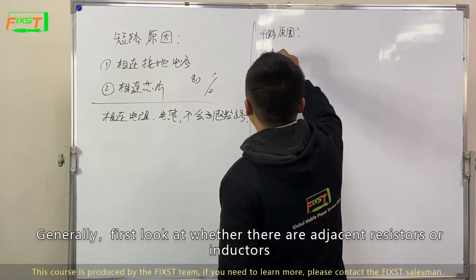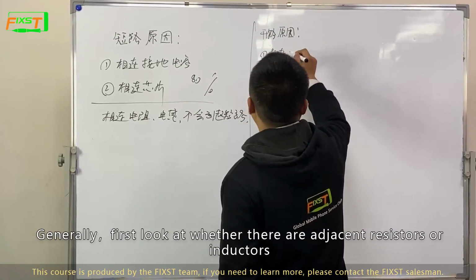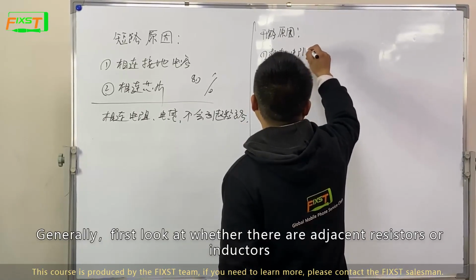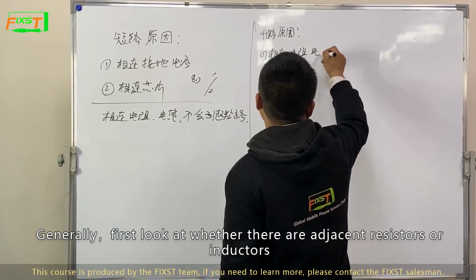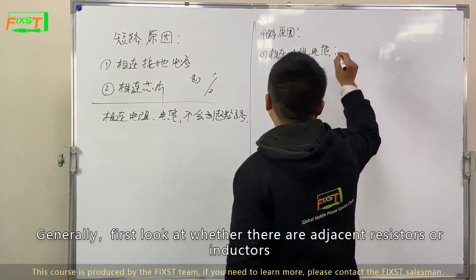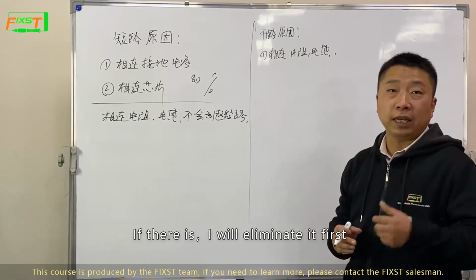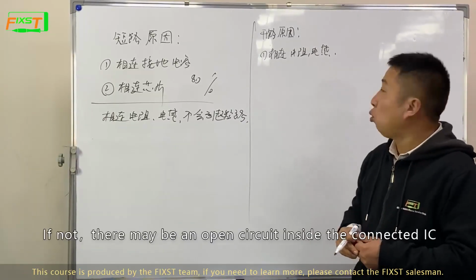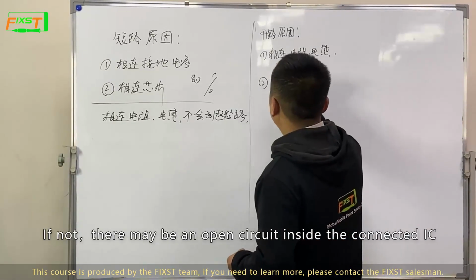Generally, first look at whether there are adjacent resistors or inductors. If there are, I will eliminate them first. If not, there may be an open circuit inside the connected IC.